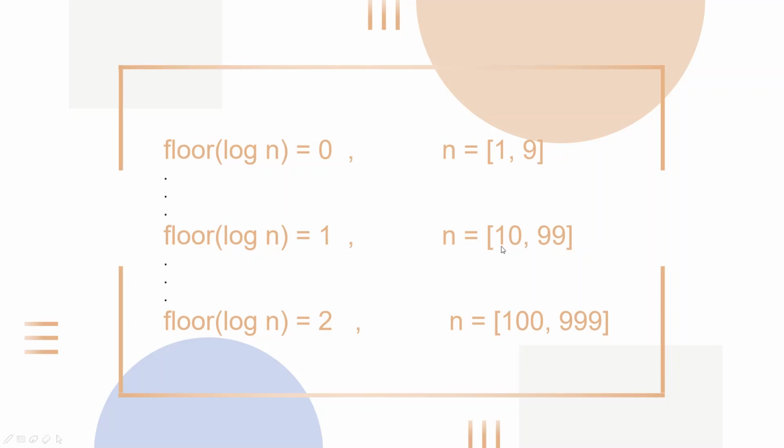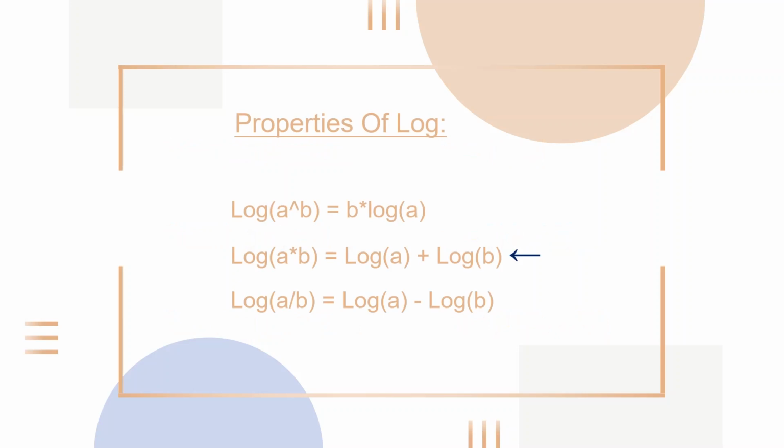Similarly, if n belongs to 10 to 99, the floor of log of n is equal to 1. Similarly, if n is 100 to 999, then the floor of log of n equals 2. So here we are going to use this property of log. You can find even more properties, but we are going to use this.